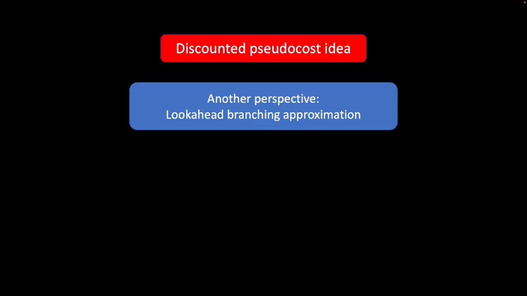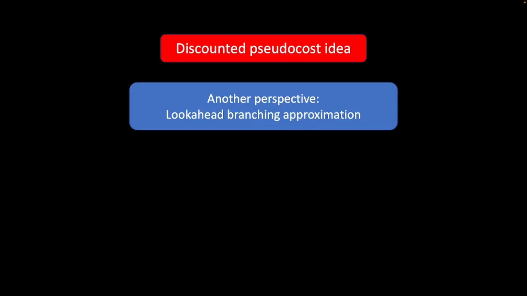Strong branching is powerful but expensive: it results in smaller trees, but takes a lot of time. Similarly, look-ahead branching was shown to be even more powerful than strong branching. It is way more expensive, so we don't use it in practice, but we can always use its approximation.